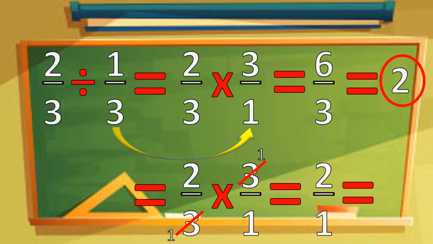And then we simplify, 2 divided by 1 is equal to 2. So again, 2/3 divided by 1/3 is equal to 2, or it means that there are 2 1/3s from 2/3. Did you get that? Okay, very good.